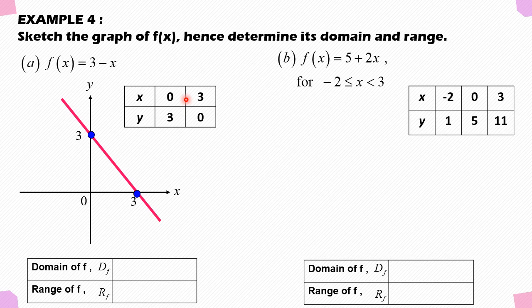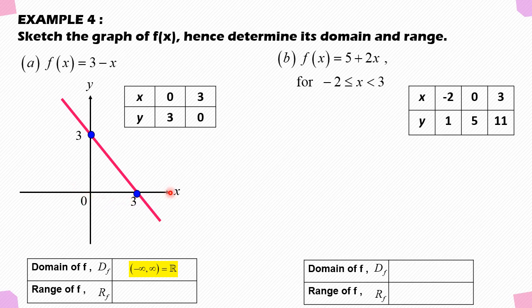From this graph, we know that a is less than 0, so the graph slants to the right. Here, we can read the domain of f of x by looking at the x-axis.